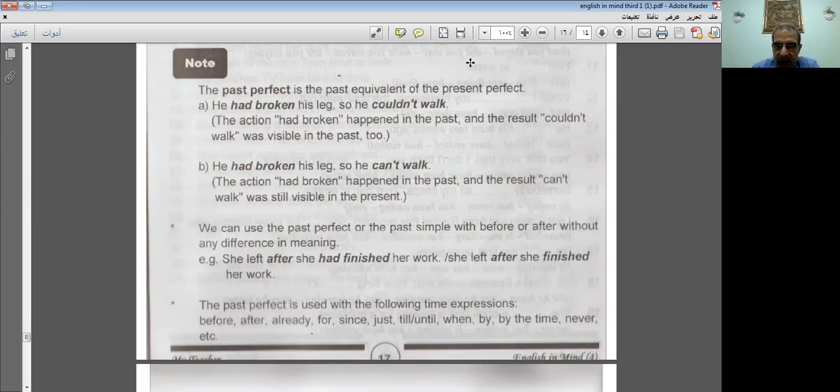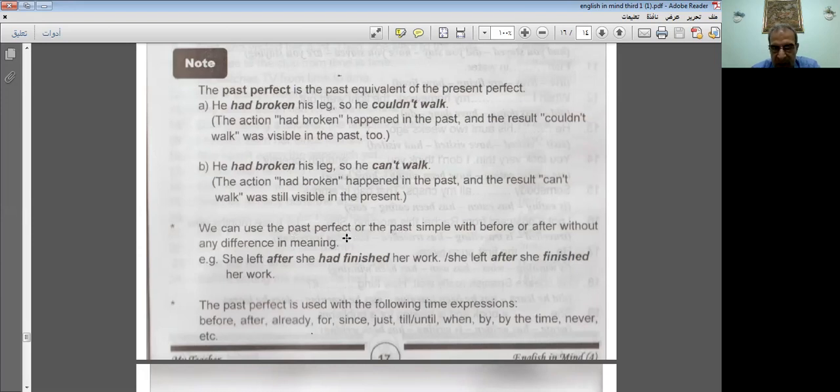Here we have past perfect and present perfect with the same meaning. He has broken his leg, so he can't walk. The action happened in the past, and the result, can't walk, is still visible in the present.